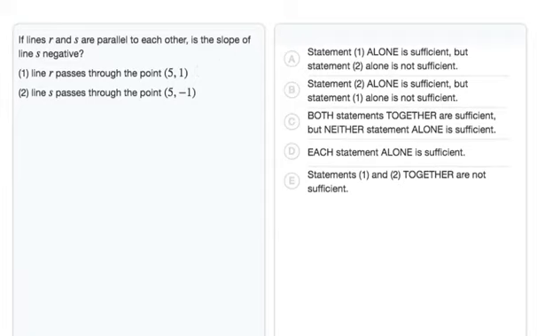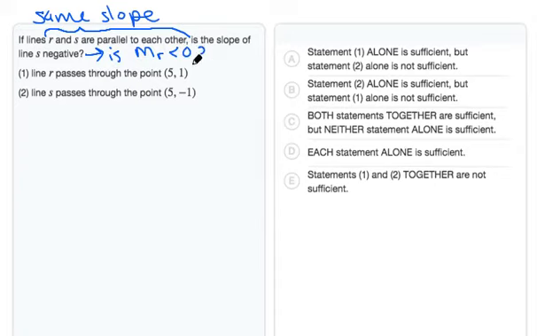Now, before we dive into the statements, we want to recall that if lines R and S are parallel to each other, this implies that they have the same slope. And if two lines have the same slope, that means that if we're looking for whether the slope of S is negative, we're essentially looking for, is the slope of R negative?